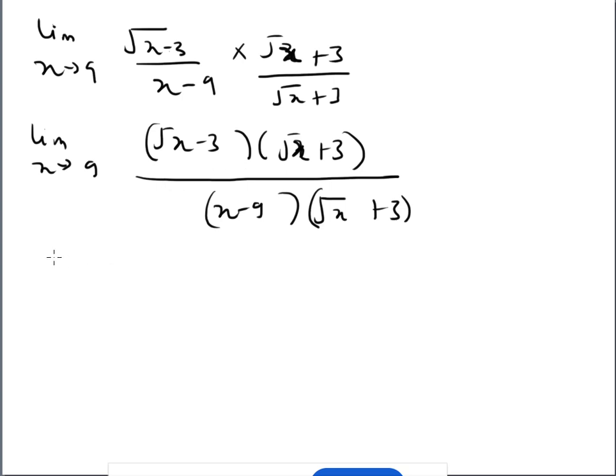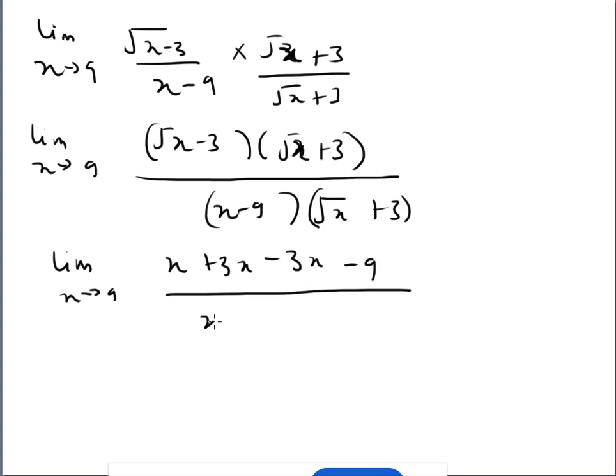Expanding this, we get the limit as x approaches 9 of x plus 3 root x minus 3 root x, and of course negative 9, on the denominator (x minus 9) multiplied by (root x plus 3).